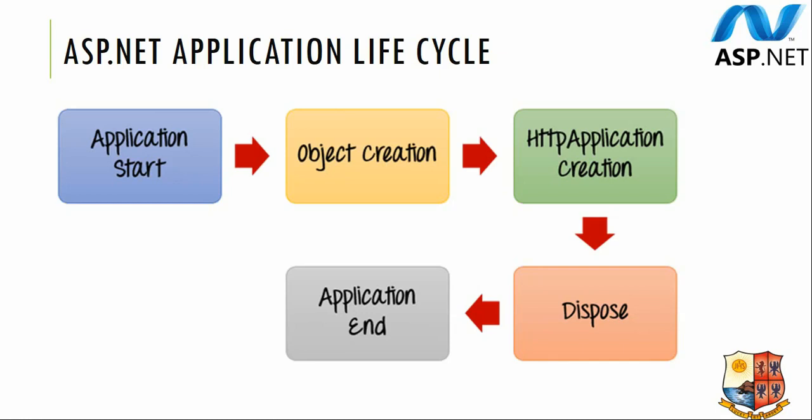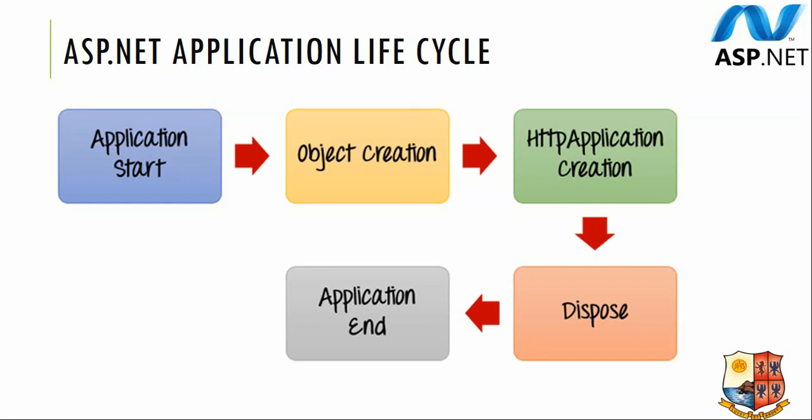One, object creation, and then what are the objects which are created, which we need to see now, and then the HTTP application. Every app which you are deploying onto the server will be considered as one application. For example, I have hosted a website and n number of people are accessing it. Everybody is seeing an object of that application, not the application itself. I hope you can get this.